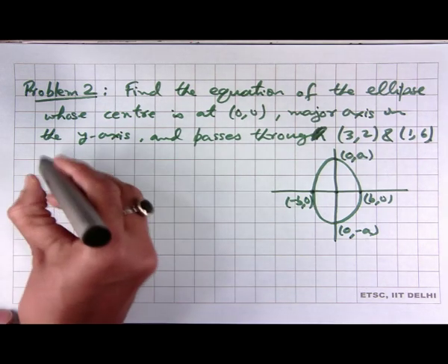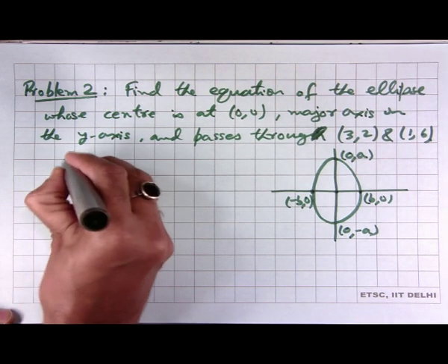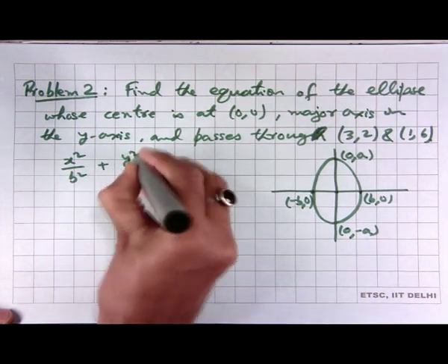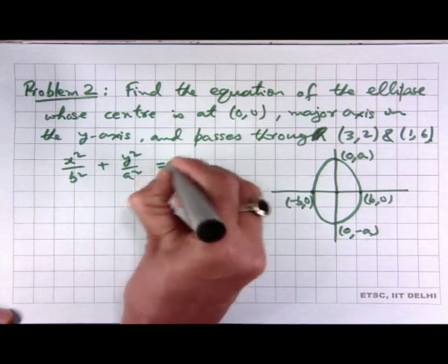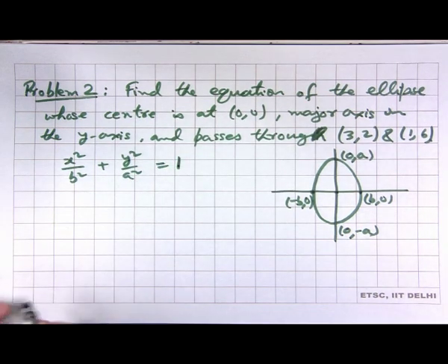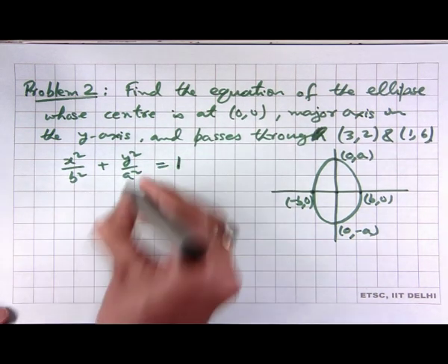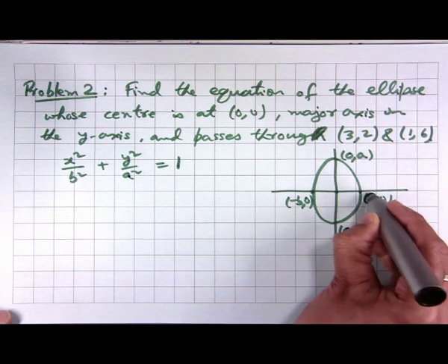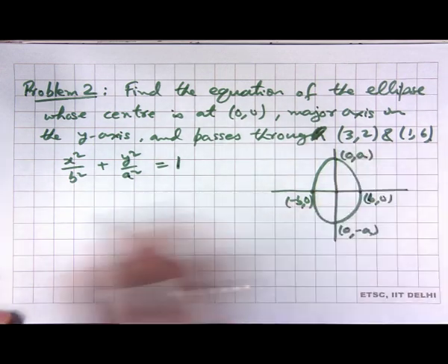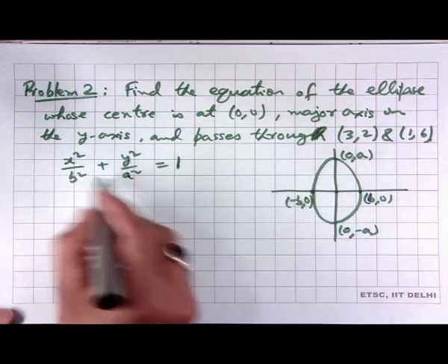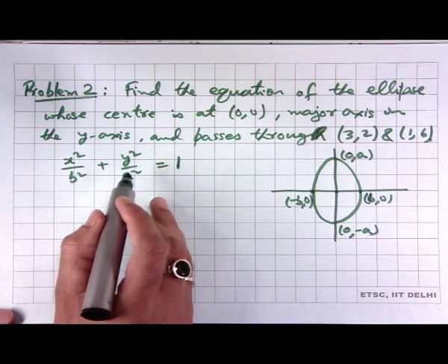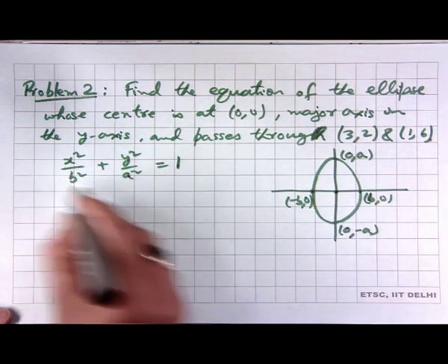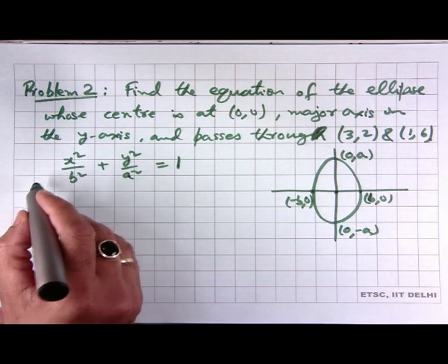So, the equation is x²/b² + y²/a² = 1. Note that here I have taken this as (b, 0) and (0, a). So, now this is the equation of an ellipse whose center is at the origin and major axis on the y axis.